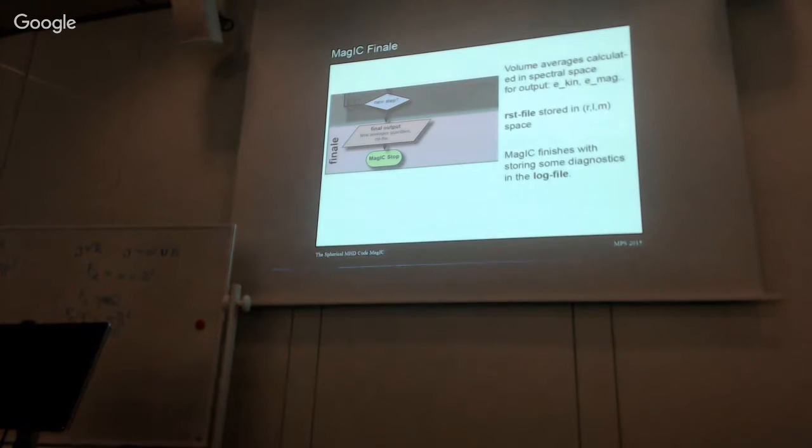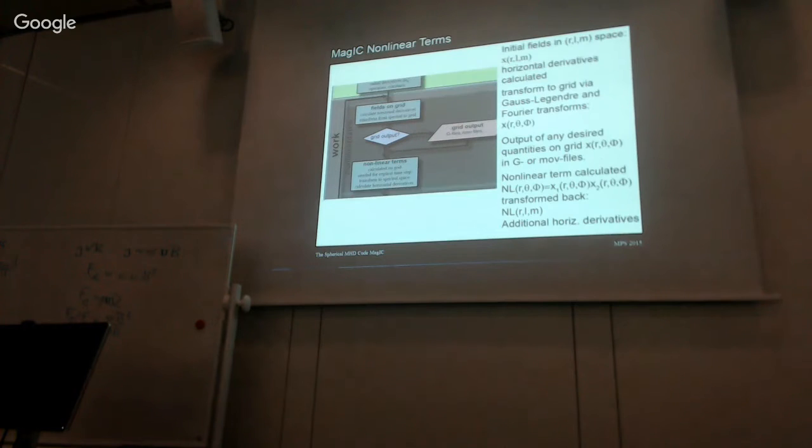Well, what I could do is point out a little bit the output. So we have different outputs. And normally what we do is we have our fields in MagIC in a form where they are in horizontal spectral space. So they're given in terms of spherical harmonics.